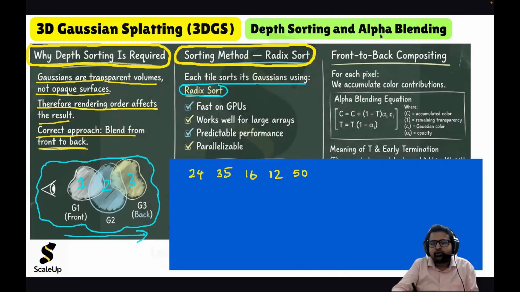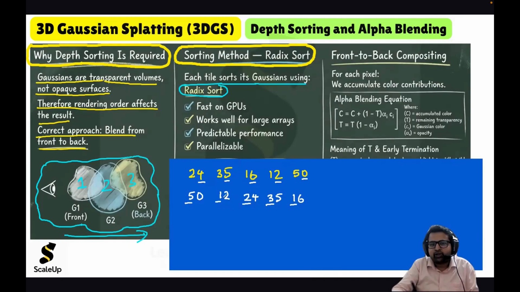First I'll sort the unit place. Based on the unit place sorting, 50 should come first, then 12, then 24, then 35, then 16. Then the tens place. And it's a stable sort.